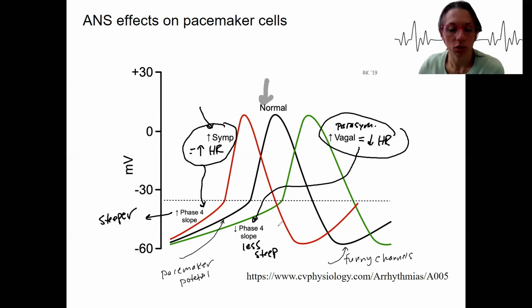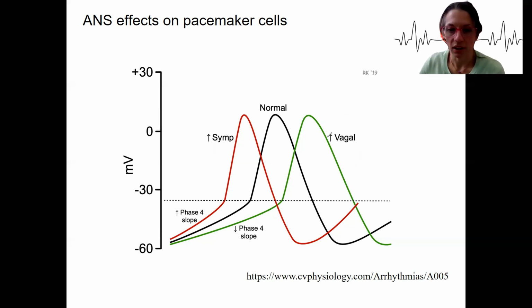And that's how we're going to affect heart rate, changing the slope of the pacemaker potential, the rising phase before we reach threshold of the action potential. So let's look at this first with the parasympathetic nervous system. So going into how this happens, how would you make that slope less steep than it is beforehand?